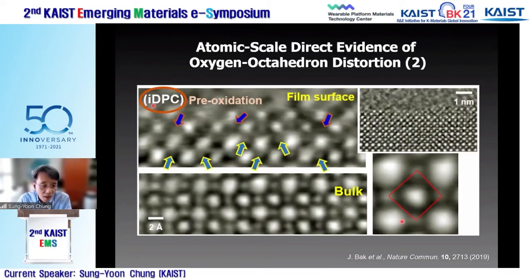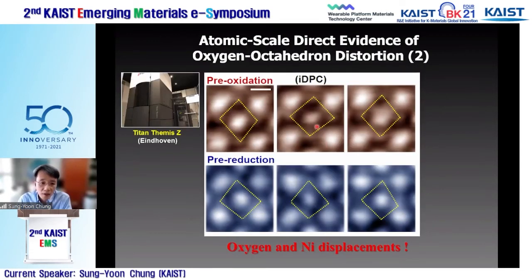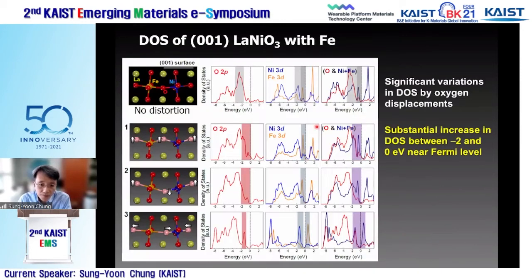I think this is iDPC, another imaging technique to enhance the contrast of the oxygen. At the surface, you can see a lot of distortion and displacement of the oxygen imaged in this sample. I think this is another consistent series of images.